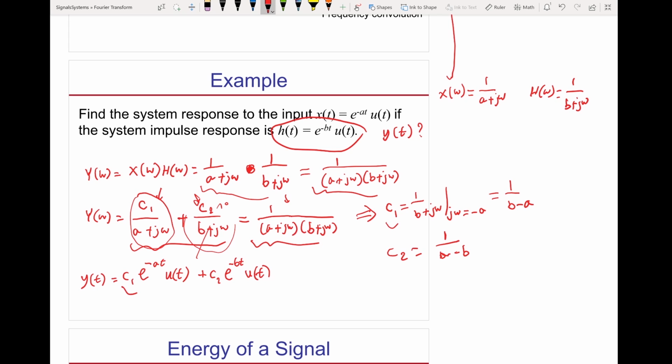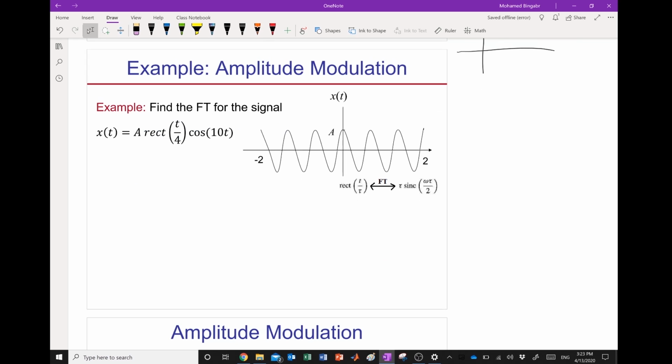And C1 we found to be this term, and C2 we found to be this term. Still, this is much easier than carrying out the convolution of x of t with h of t in the time domain. I will stop here, and in the next lecture explain the amplitude modulation property and the big application of modulation in communication.